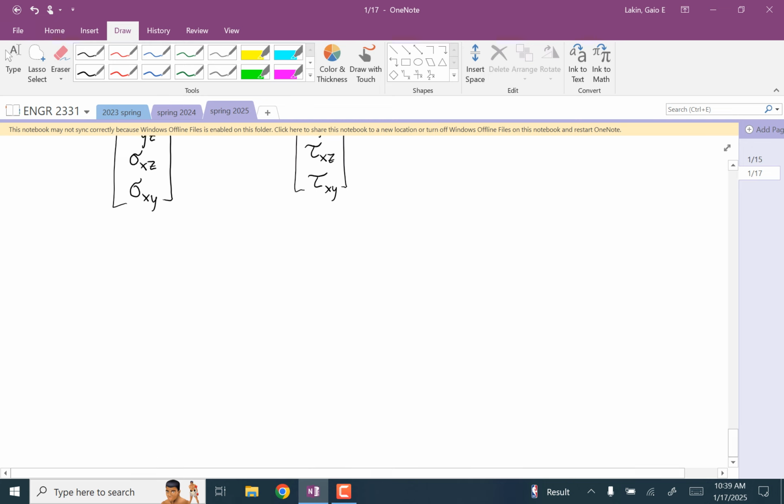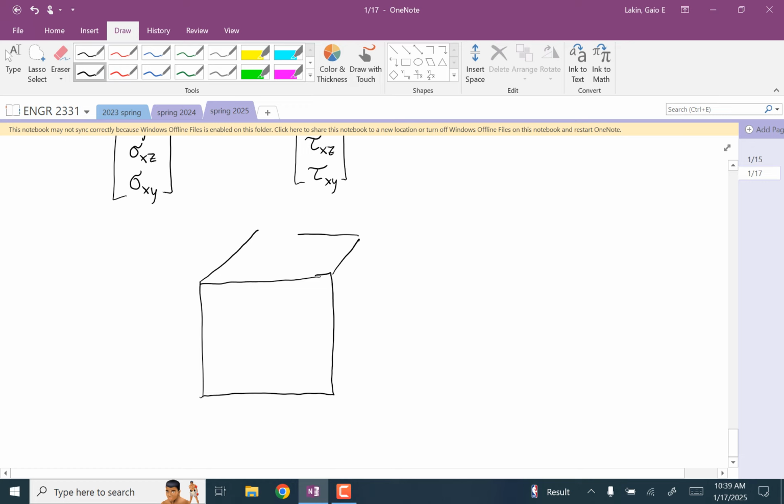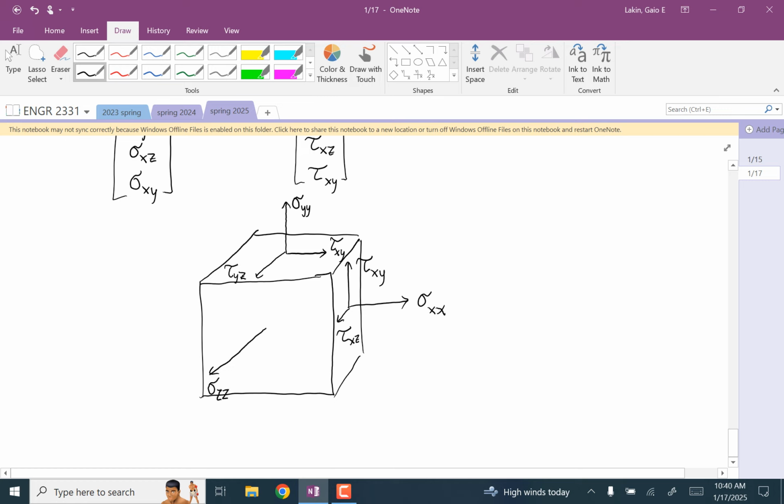And so then if you did the stress cube corresponding to that, you would write that as sigma xx, tau xy, tau xz, sigma yy, tau xy, tau yz, sigma zz, tau xz, tau yz.